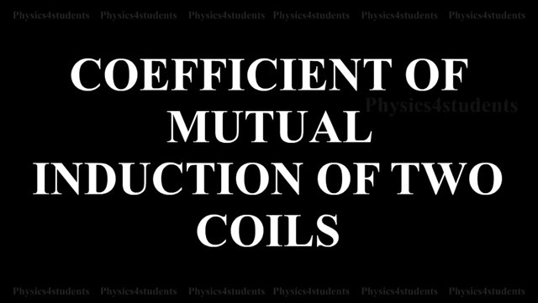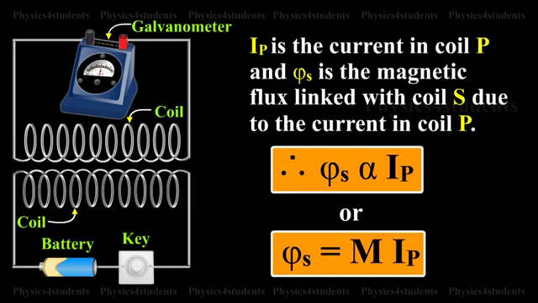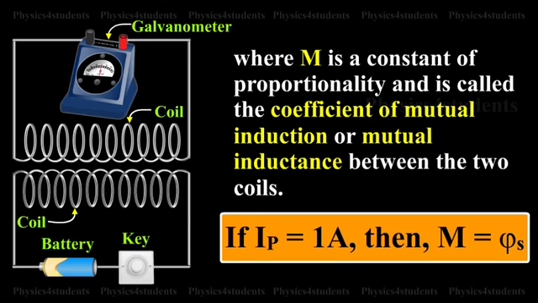Coefficient of mutual induction. IP is the current in coil P and phi S is the magnetic flux linked with coil S due to the current in coil P. Therefore, phi S is proportional to IP, or phi S is equal to M IP, where M is a constant of proportionality and is called the coefficient of mutual induction or mutual inductance between the two coils.